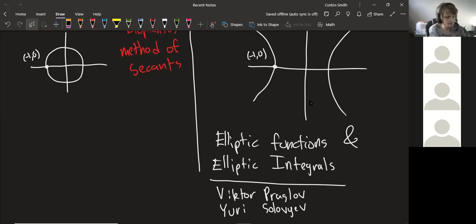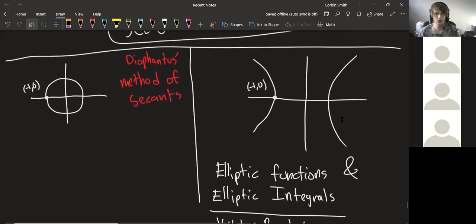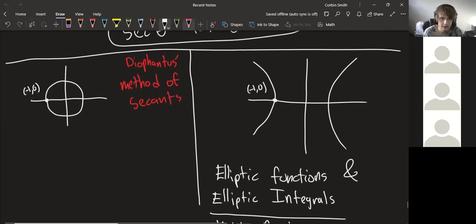Okay, so according to Vieta's formulas, if one root of a quadratic is rational, then the other root is going to be rational. So if I have a line going through a point on a circle, wherever the second intersection with the circle is, if that's a rational line going through one rational point, then the other point has to be rational.